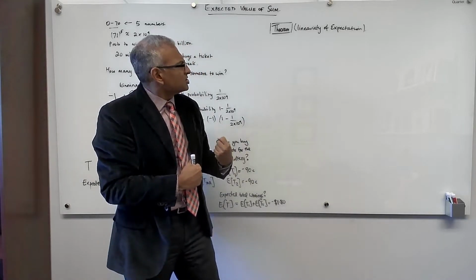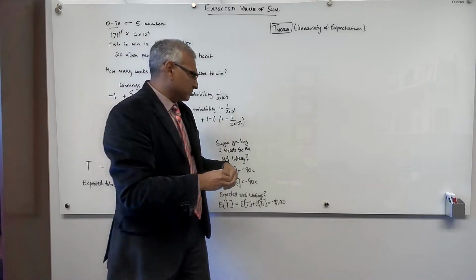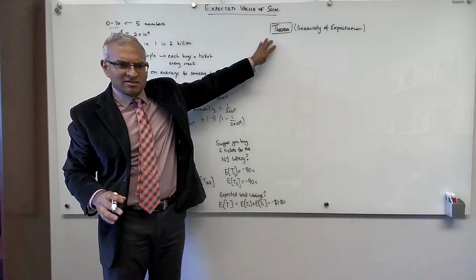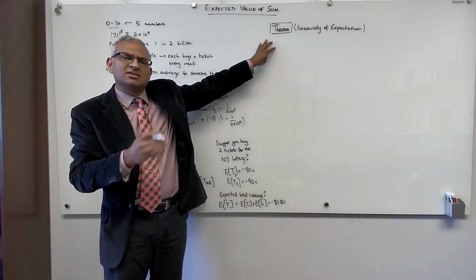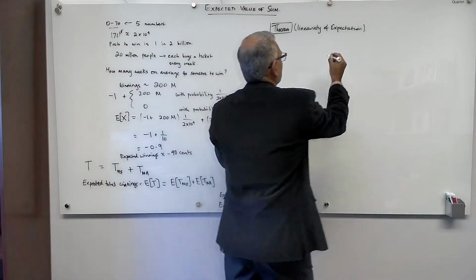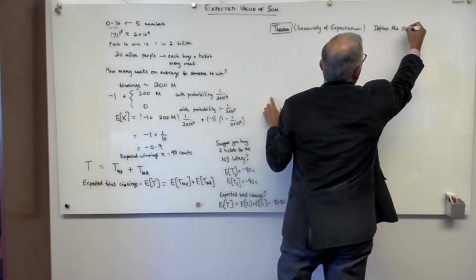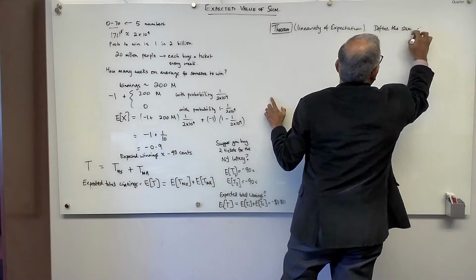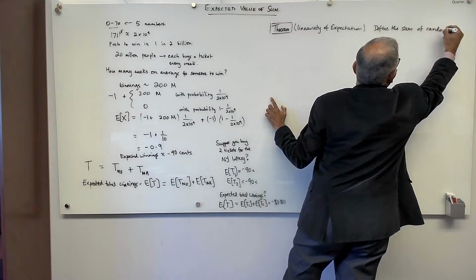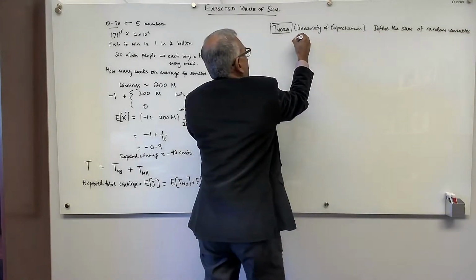So in general, let us define the sum of random variables. Even though I'm stating this as a theorem and I'm describing some things like the sum of random variables, I'm going to put it all in the theorem just so that it's all in one place. So define the sum of random variables as follows.